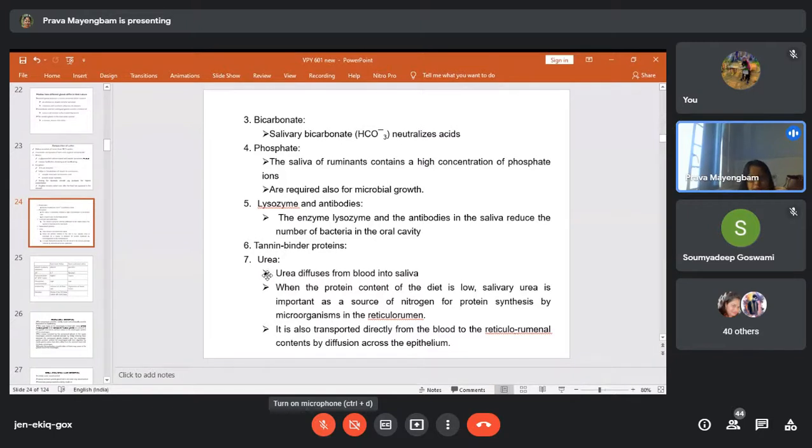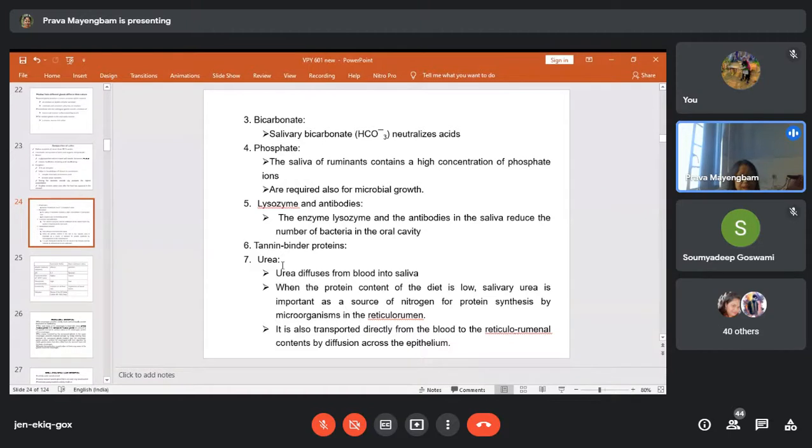They disturb the digestion of proteins, and you will study that in detail later on. So saliva is helping in removing the tannin from the food, as these tannin binder proteins bind with tannin.